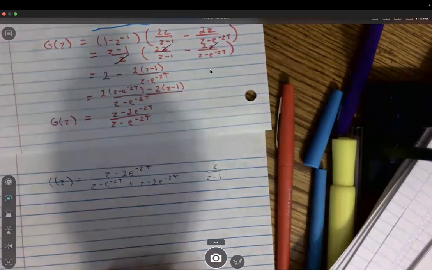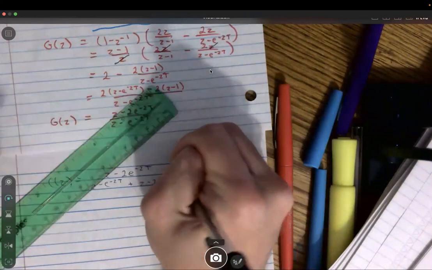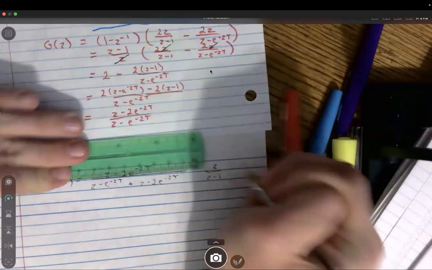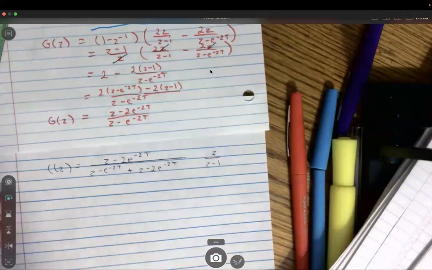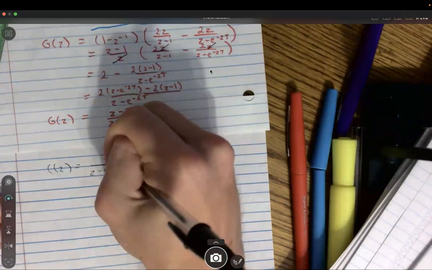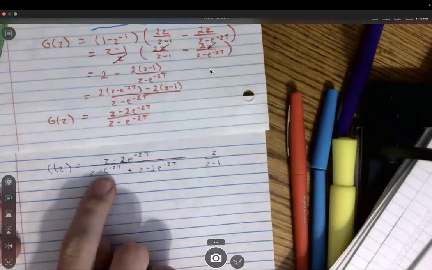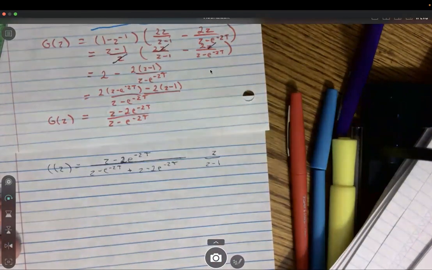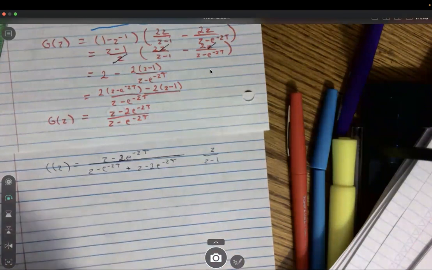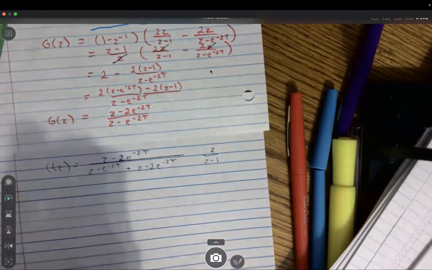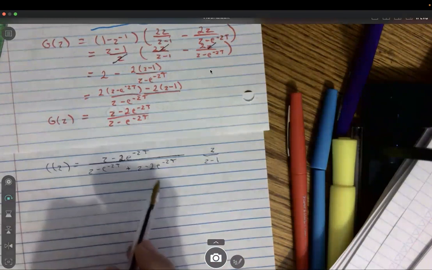And now that we got that, sorry, this is a 2. And notice in the denominator, some terms combine here. So we have Z minus e to the negative 2T and then Z minus 2.